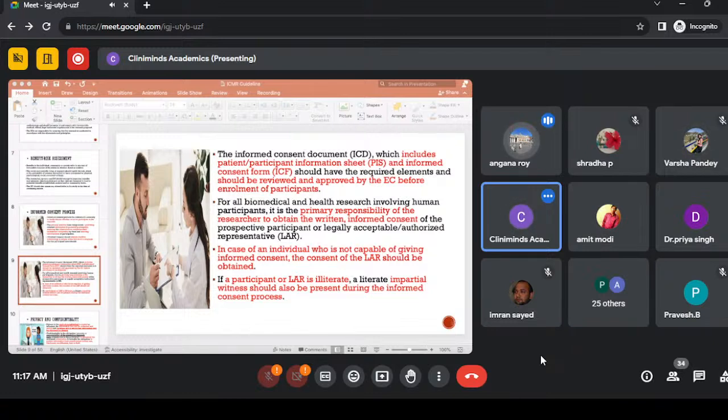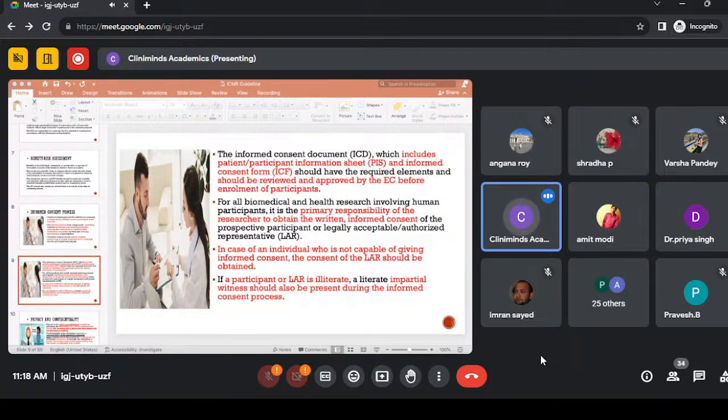Biased, right? Yes. So an impartial witness is a person who is involved in the trial when the subject or the subject's LAR is illiterate. Means when the subject or the LAR both are illiterate, they are not able to read what is present in the document, or they are not able to sign the document.